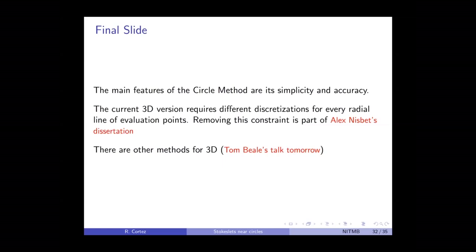And so that's part of one of my students, Alex, who's here somewhere. So he knows more about this in 3D. And also this is an advertisement for Tom's talk tomorrow, who I think is going to talk about some other methods that are addressing also the near singularity issue. Okay, so I'll leave it at that.